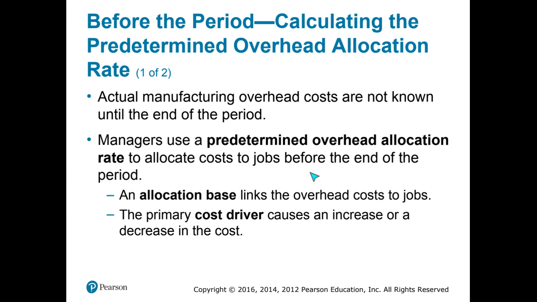But we still have to figure out how to cost for it. So we have to use a predetermined overhead allocation rate to do that. An allocation base links the overhead cost to the job, and the primary cost driver causes an increase or a decrease in the cost.